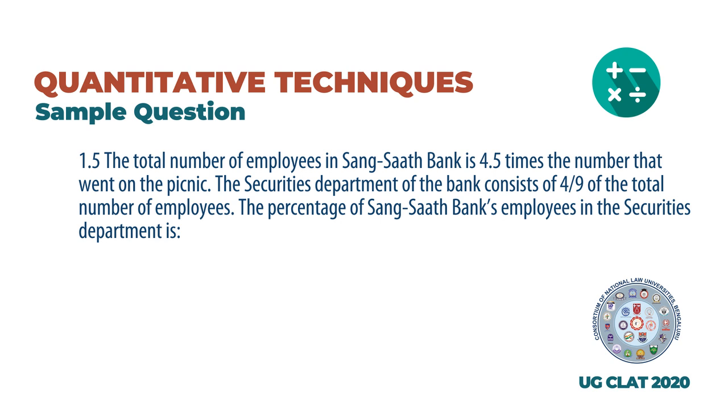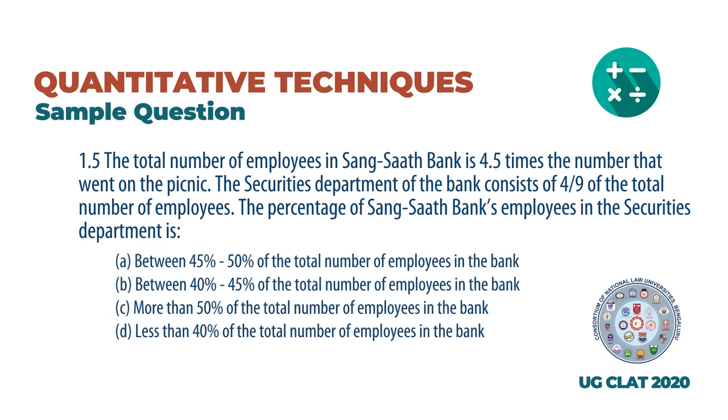The percentage of Sangsath Bank's employees in the securities department is, your options are A. between 45% to 50% of the total number of employees in the bank, B. between 40% and 45% of the total number of employees in the bank, C. more than 50% of the total number of employees in the bank, or D. less than 40% of the total number of employees in the bank.